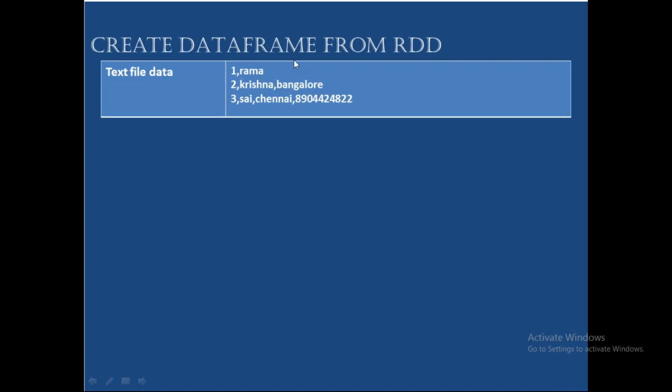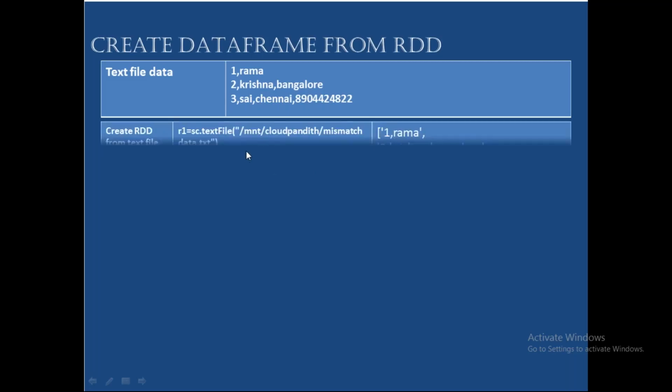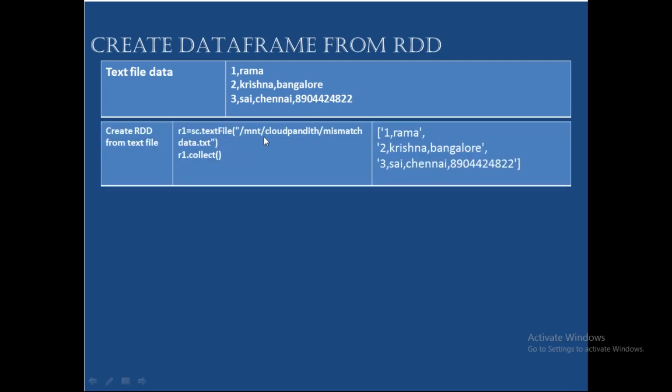How to handle this in RDD is, first you need to create an RDD. How to create it? You see sc.textFile. This entire data I have in this particular text file, mismatch data.txt. You just read it and create the RDD.